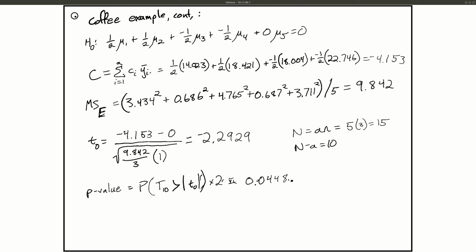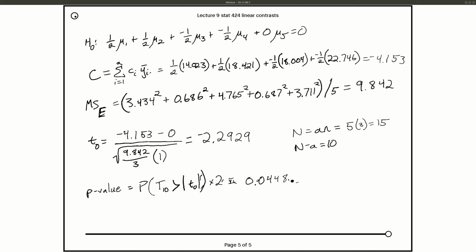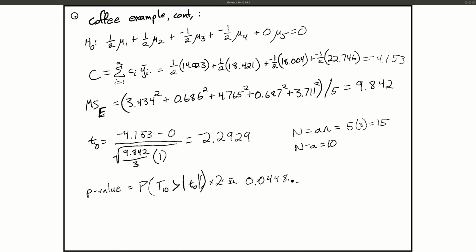So it looks like we have moderate evidence against the null hypothesis here. So what would we conclude? We would conclude that it appears that there's some evidence that there's a difference in the mean strength of coffee that is brewed at 5 degrees Celsius compared to coffee that is brewed at 22 degrees Celsius.